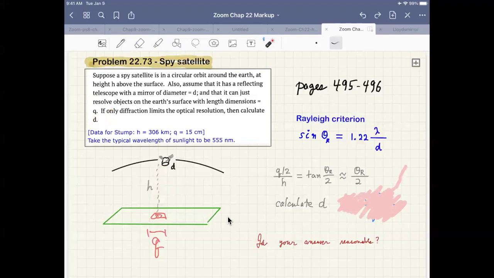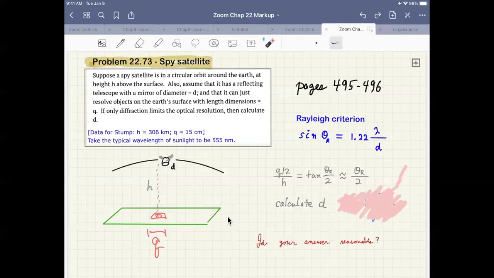The linear separation is q. Now, when light passes through an opening, like the opening in the telescope, it spreads out. And so there's a limit for the optical resolution, limited by the diffraction.